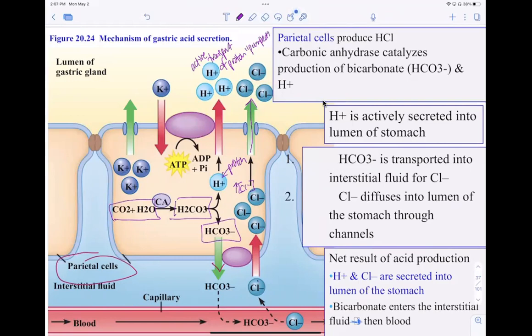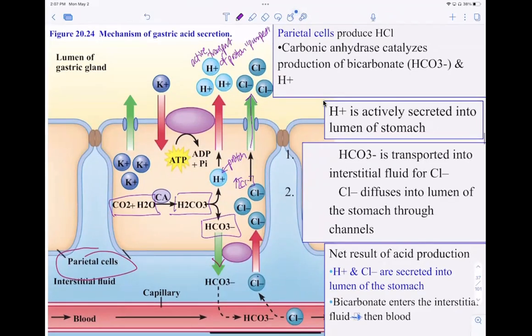And instead of it being like a sodium potassium pump that you've learned about in the past, this is a proton potassium pump. So it's pumping potassium in and protons out. And so when protons and chloride both get transported into the lumen of the stomach, they just form an ionic bond, and that forms hydrochloric acid.